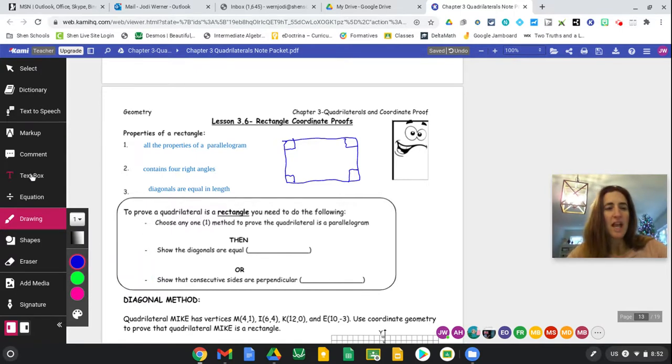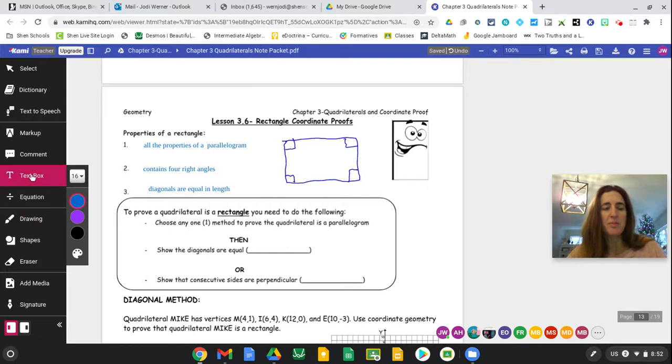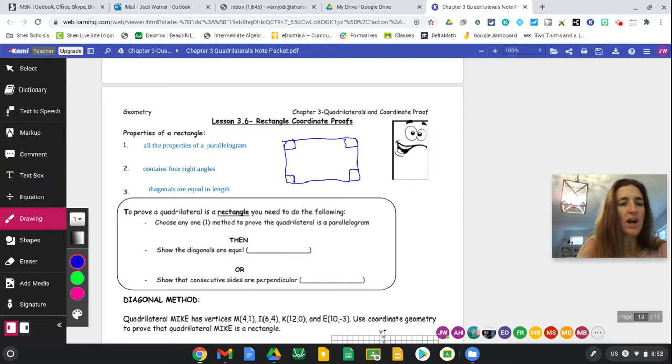Okay, so say we wanted to prove something is a rectangle. There are a few different things that have to happen. The main important thing is that you first have to make sure it is a parallelogram. That's because under our family tree, we had our quads at the top, and then either parallelograms or trapezoids.